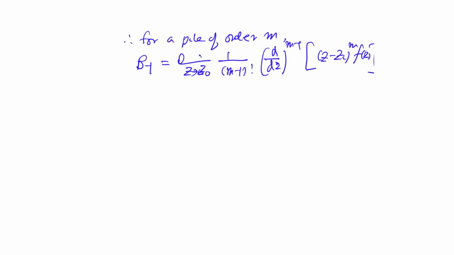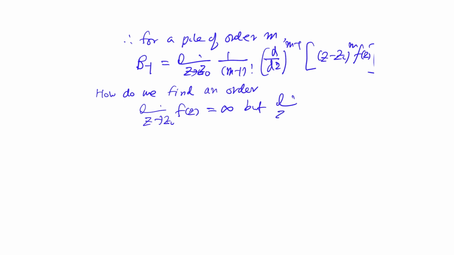So how do we find the order then? If f is infinite, but (z minus z naught) times f is finite, then you say it's a pole of order 1, right?